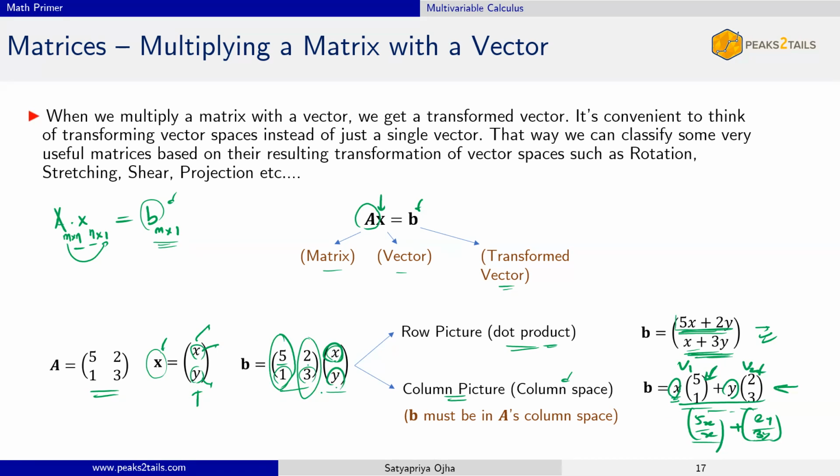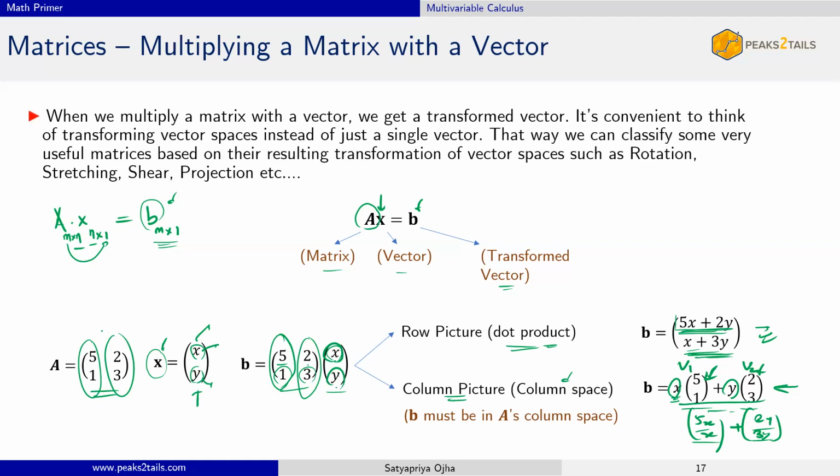So what we are looking at here is that the result, which is b, is just a linear combination of the column vectors of A. And what do we call the linear combination of the column vectors of A? The column space. It is the space that is captured by the column vectors of A.